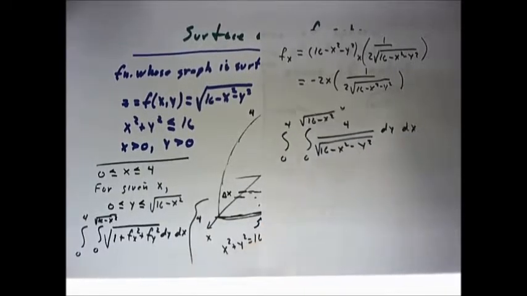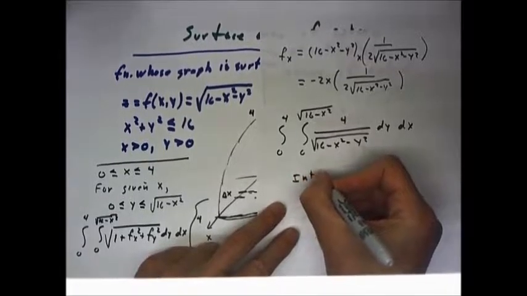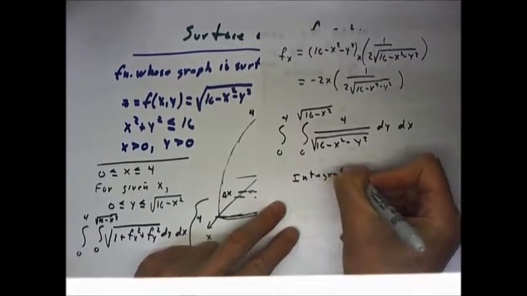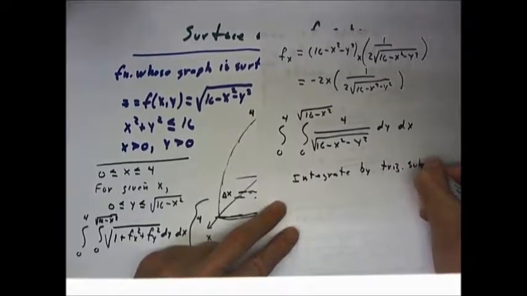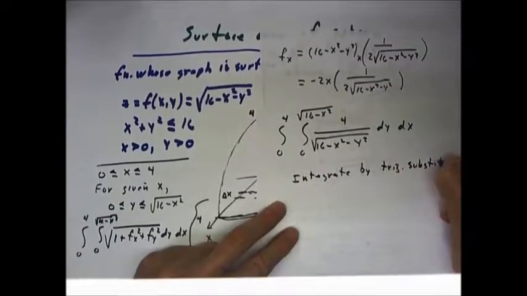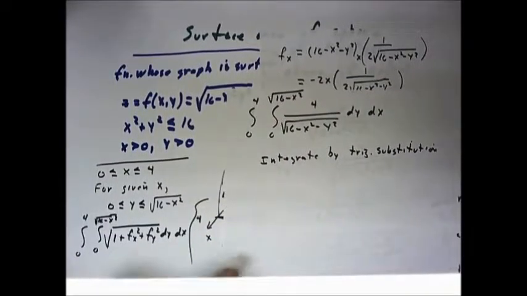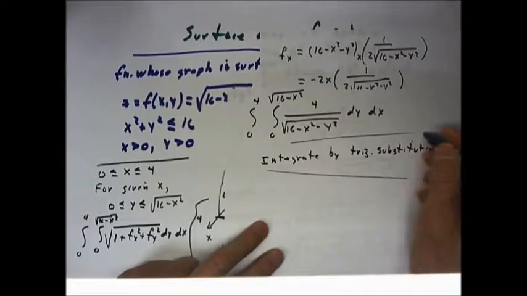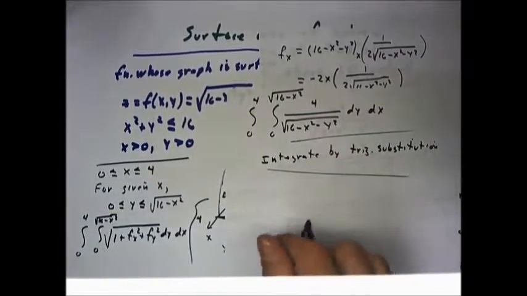To perform this integral, we have two choices. We can integrate by trigonometric substitution, which might seem like a bit of a pain here, but it really is not particularly difficult. We'll do that in a minute.